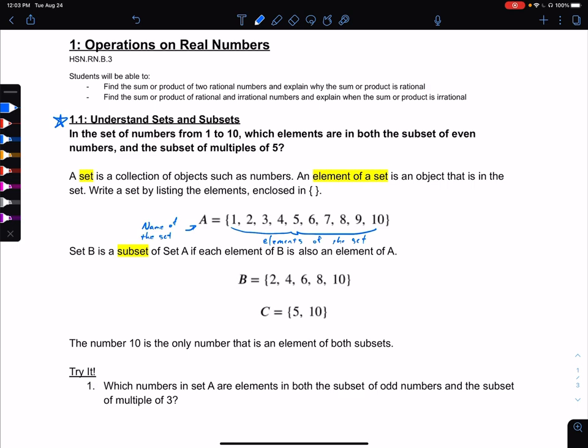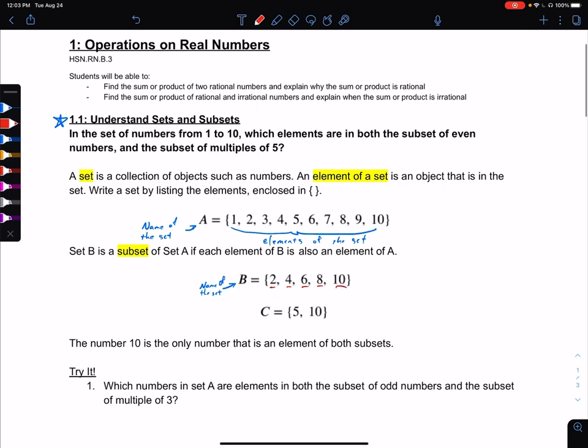Next, we're looking at set B, or they're telling us what a subset is. They're saying set B is a subset of set A if each element of B is also an element of A. So if we look at B here, remember, this is the name of the set. In set B, we have the numbers 2, 4, 6, 8, and 10.